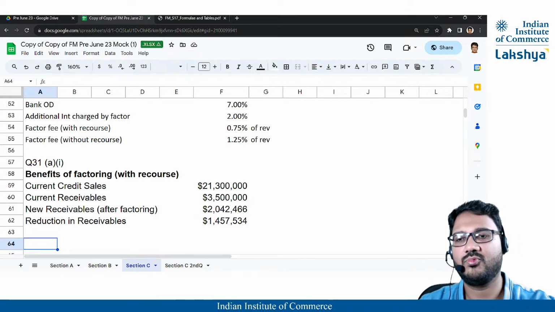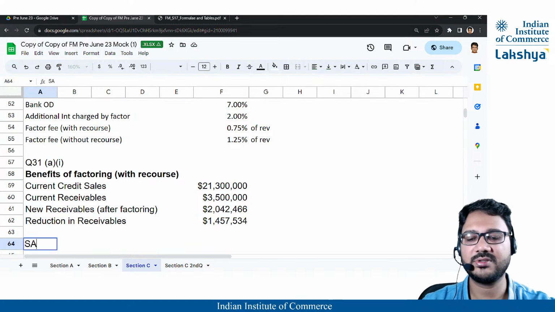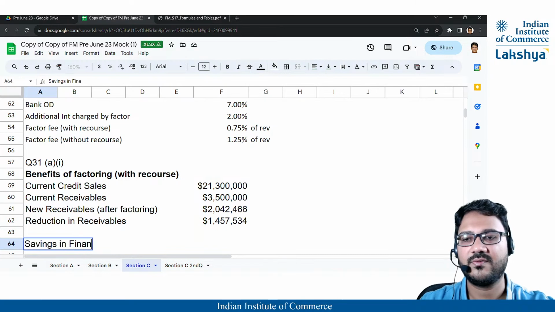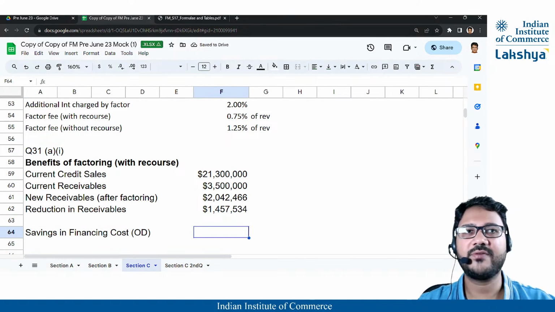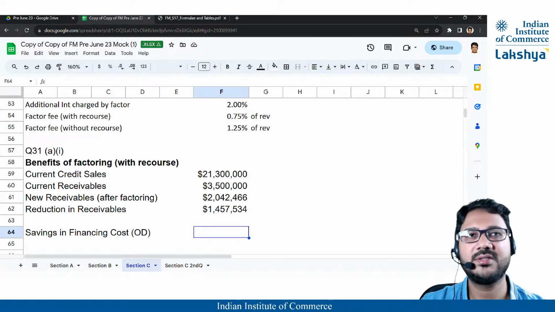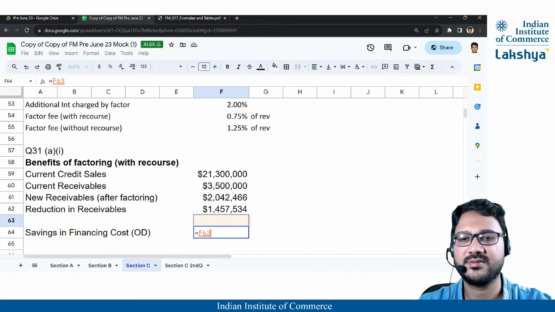Now, what are our savings, all the savings that we are experiencing? Okay, so we'll see, first savings is savings in financing cost. Okay, that is the overdraft. All right, so if you see that we would have to fund little of it, as our receivables have dropped, so we will be funding less.